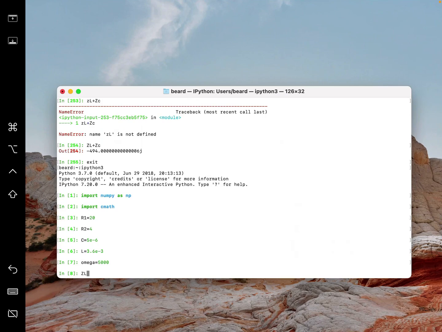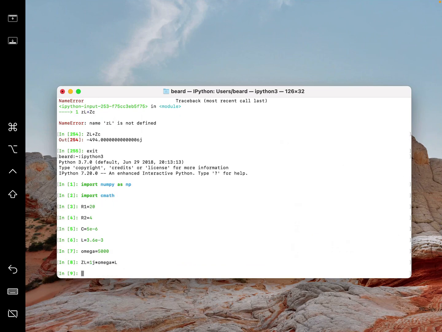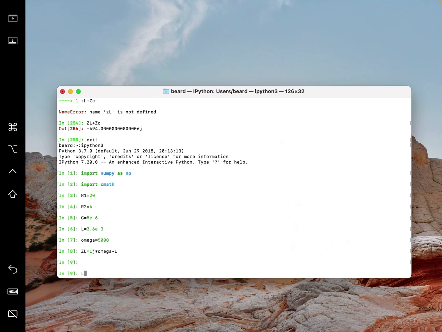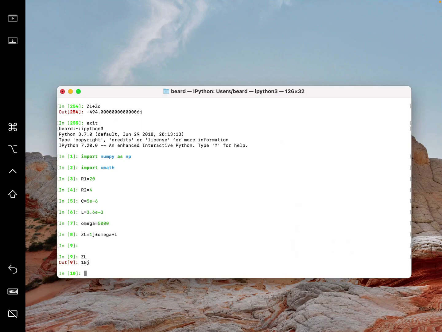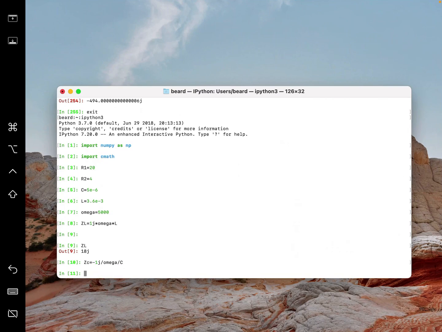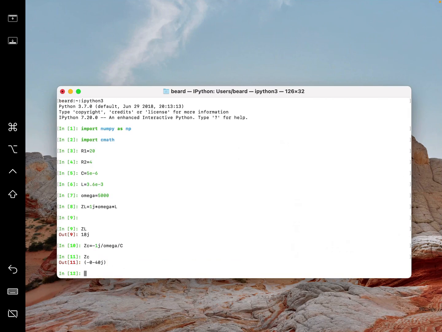So ZL is equal to J omega L, and if I return ZL, it's going to be 18J, and ZC is going to be equal to minus J over omega C. And so ZC is minus 40J.